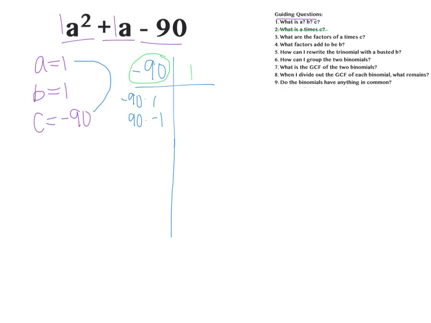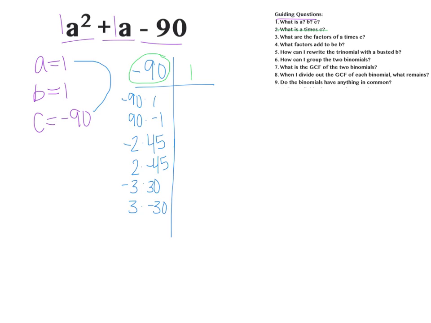I could have 2 times 45, and because 90 is negative, one of those will have to be negative. I could also have 2 times negative 45. Does 3 go into 90? Yes, it does. So I could have negative 3 times 30, and I could have 3 times negative 30.